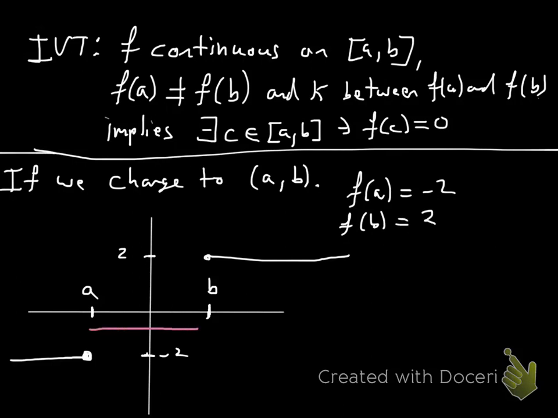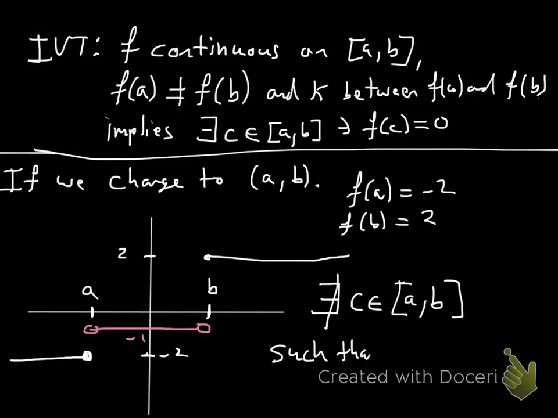I think this is slightly different, but f of a is going to be negative 2, f of b is going to be 2, and then we have this piecewise-defined function. In the middle we have a horizontal line at height negative 1 with open circles there.